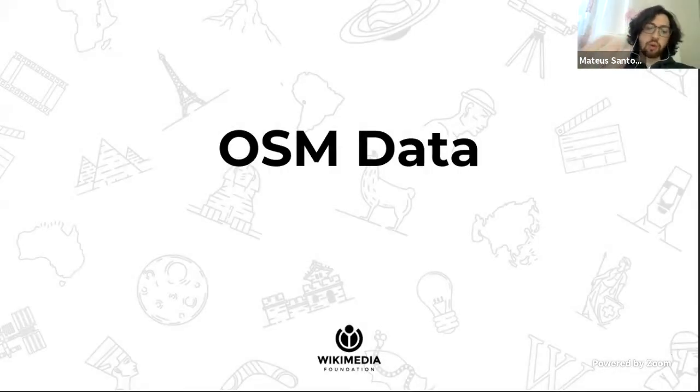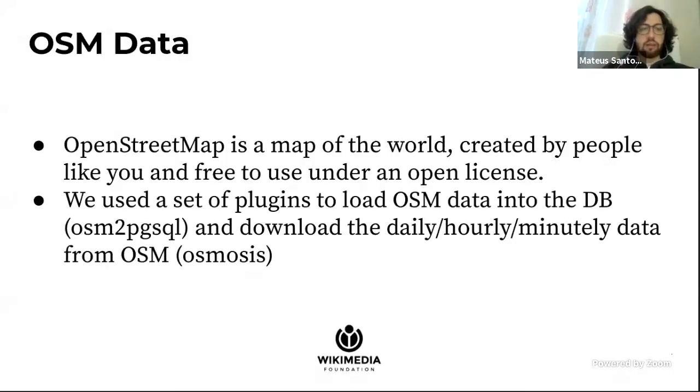And what do we use as data? OSM data. I think most of you should know OpenStreetMap, which was considered the Wikipedia of maps. OSM is a map of the world, open, freely to share and under an open license. That's really aligned with our mission, and it's really good that we have this for our infrastructure. Right now, we use a set of tools to load OSM data into our hardware.